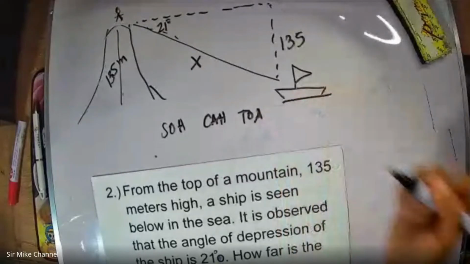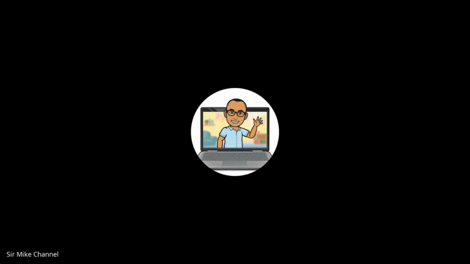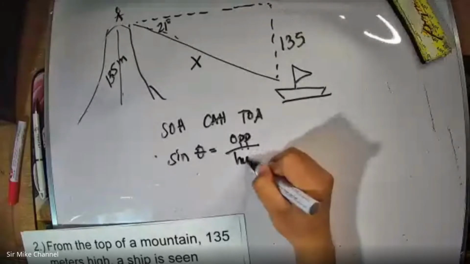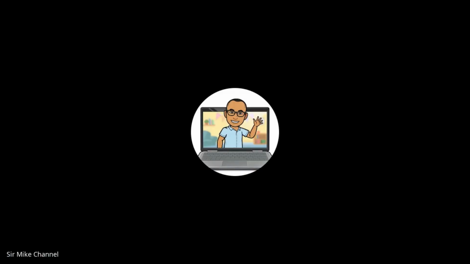Given the opposite and the hypotenuse, we will use sine. Sine theta is equal to opposite over hypotenuse. The given angle is 21 degrees, the opposite is 135 meters, over the hypotenuse, which is x.